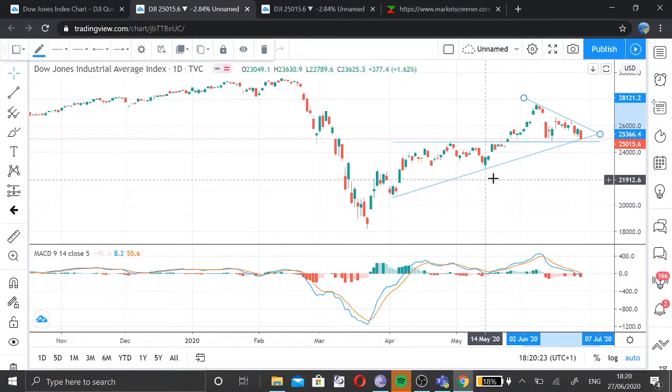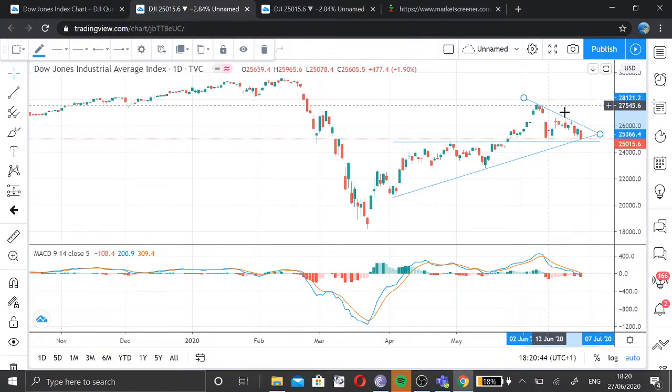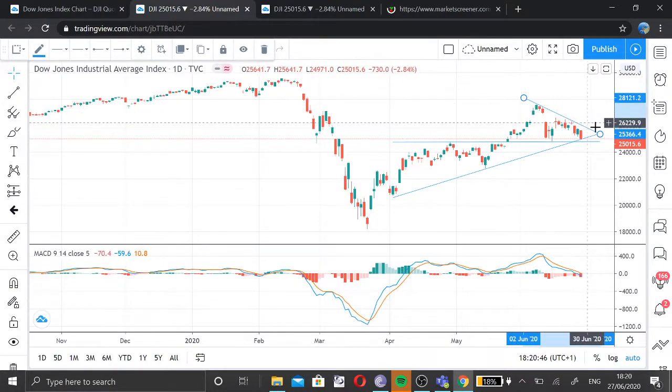So on the daily chart, it looks like Dow Jones is approaching a very key area of support. If this support breaks, it's possible it can go a lot lower down. However, if this support holds, and if it manages to break above this resistance trend line here, then we can see an up move here.